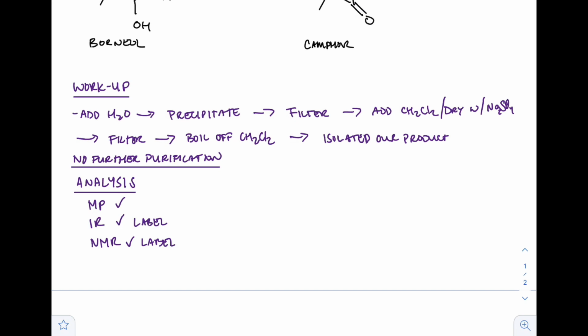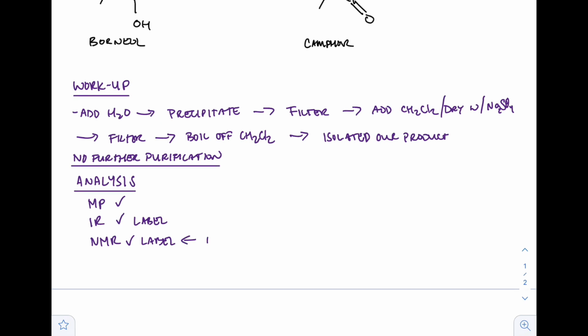On second thought, take a look at this and then discuss the NMR and the peaks that you do see. And so you're going to compare to literature values for camphor as well as isoborneol.